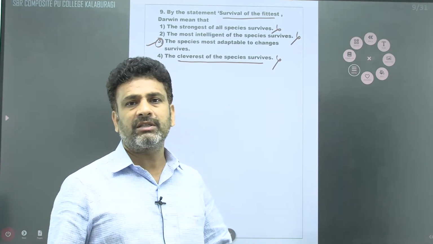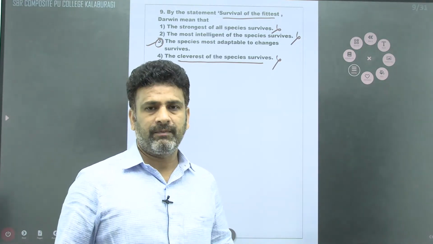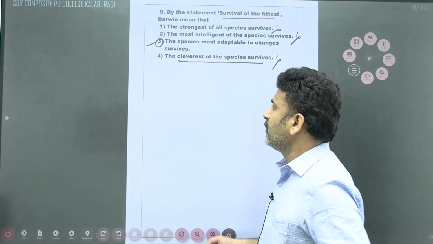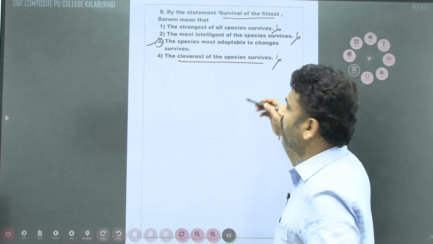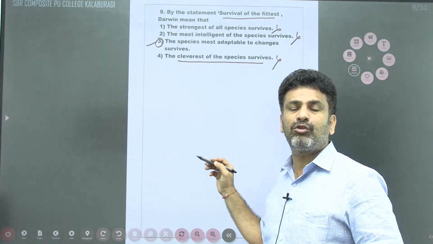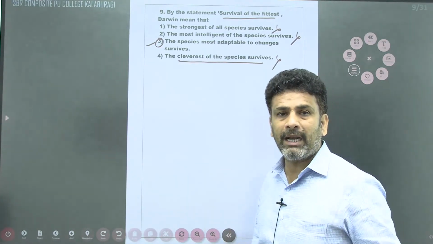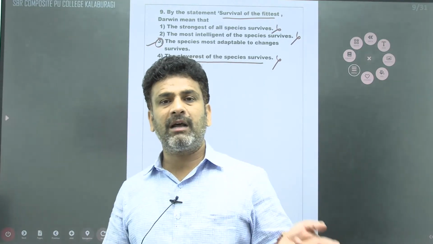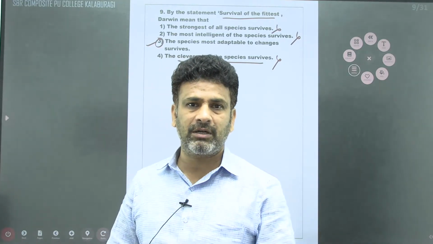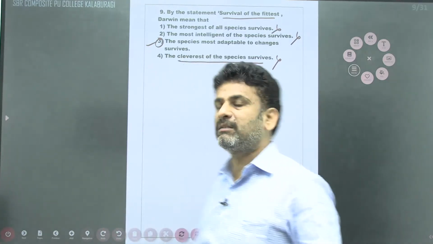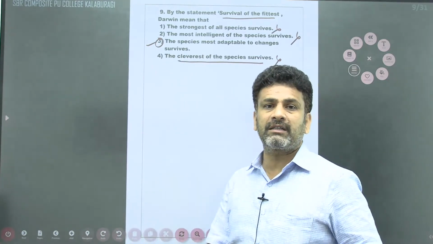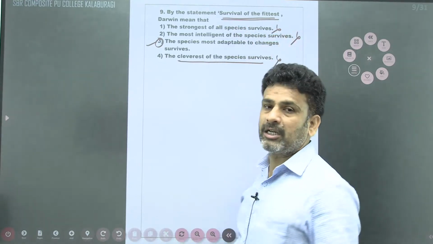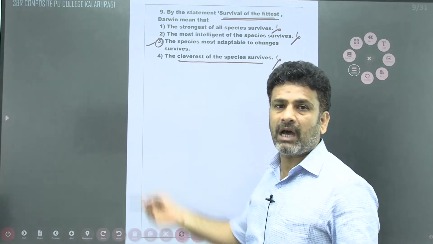These variations are responsible for evolution. By using these variations, individuals become fit. The fit, well adapted, better adapted individual is selected by nature. This adaptation capacity is mainly because of reproductive fitness. This reproductive fitness is called the survival of the fittest, according to Darwin.